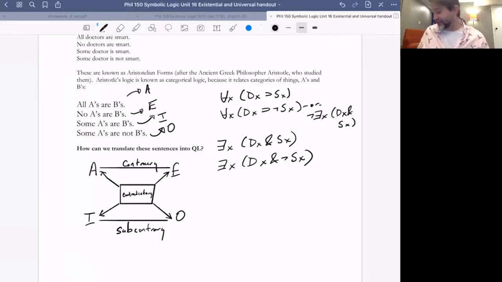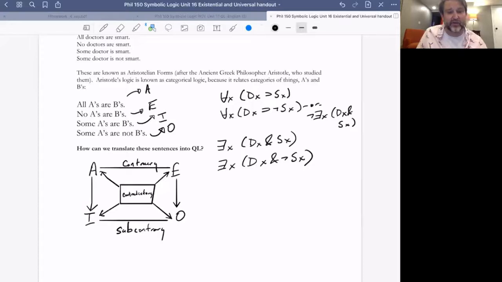The sentences on the side here have a different kind of relation to one another. So what we want to say about these is that they are what is called subalternations of one another.